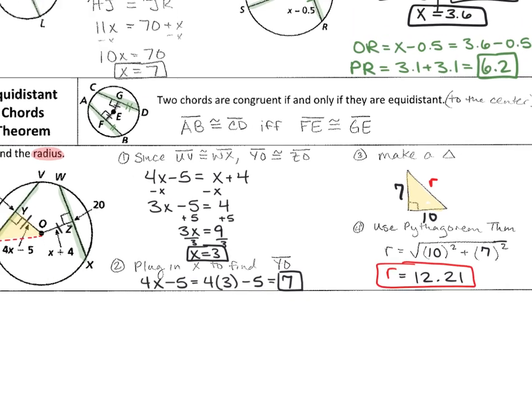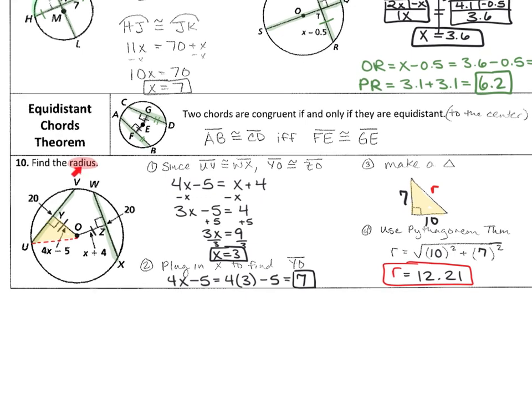So again, just as a review of this question, because we're looking for the radius, we know that had to be drawn onto the image. Our chords are congruent, which means these distances are equidistant. That's the theorem. Since they're equidistant, I can set their expressions equal to each other and solve for x.